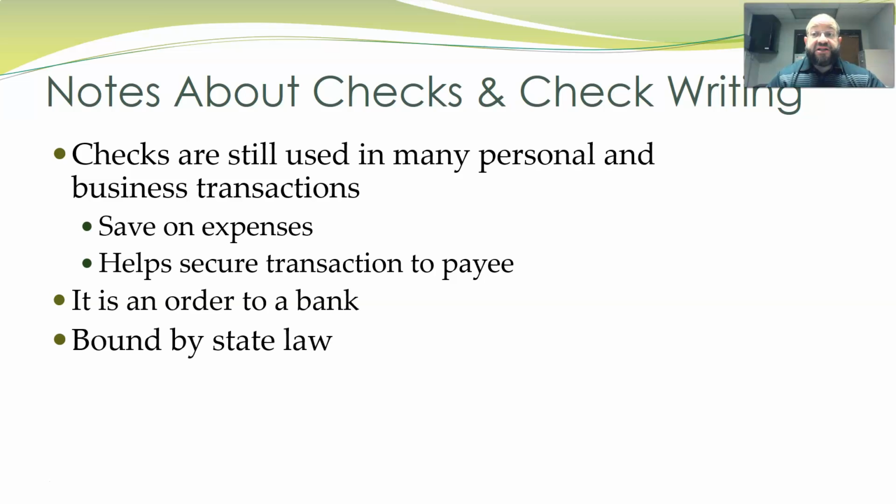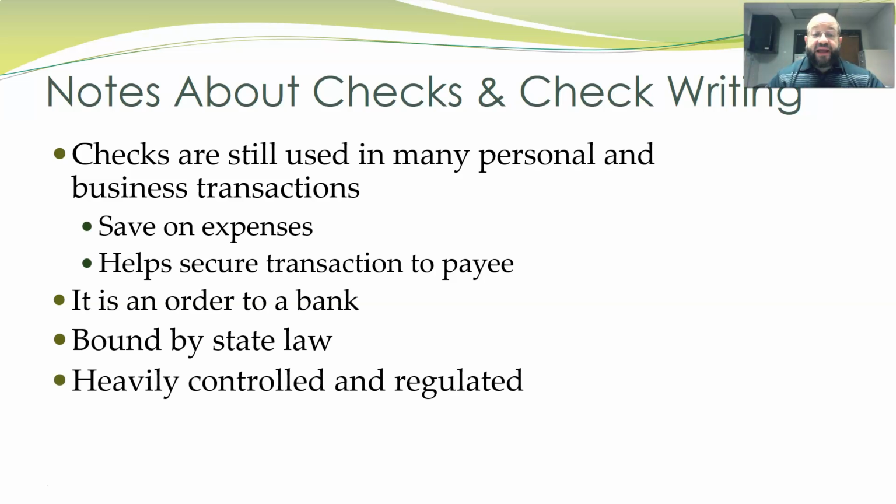That means if you write a fraudulent check, or a check for more than you can cover, that's not good. You are in violation of state laws, and they are heavily controlled and regulated. And in some cases, you can be in violation of federal laws, depending on how much the check is written for. Up to a certain amount, it's covered by the state. Beyond that certain amount, it's covered by the feds, and it goes under federal law.